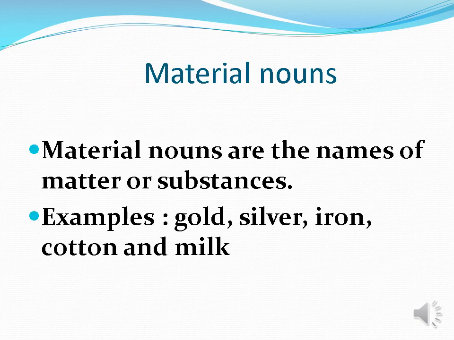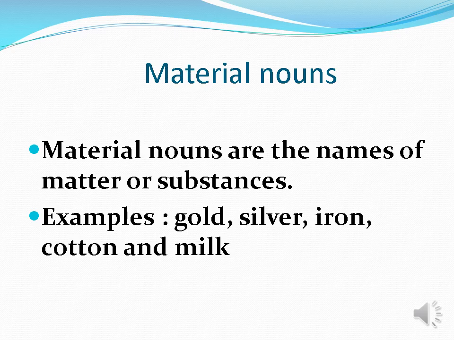Okay, the next one, material nouns, are things or names of matter and substances. I've got some examples here: gold, silver, iron, cotton, milk, etc.